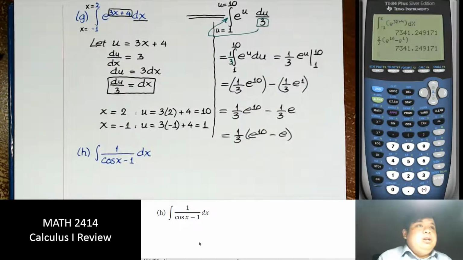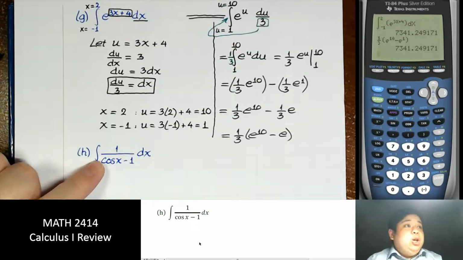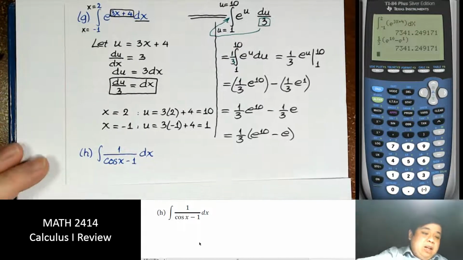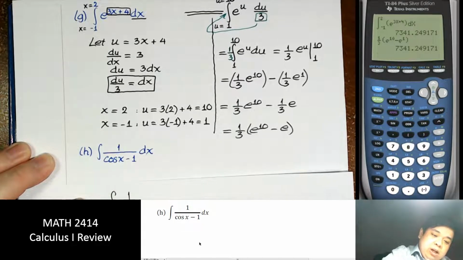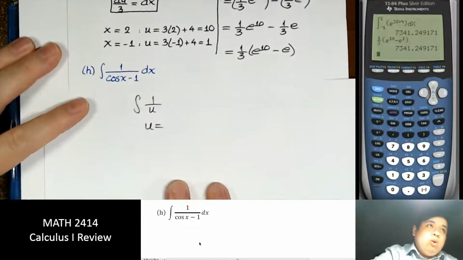Right. Now we'll try to do this. First of all, most of the problems up to this point we use substitution. If we let u equal to cosine of x, it doesn't work. So just want to write this quickly. If we let u equal to cosine of x minus 1, we have 1 over u.